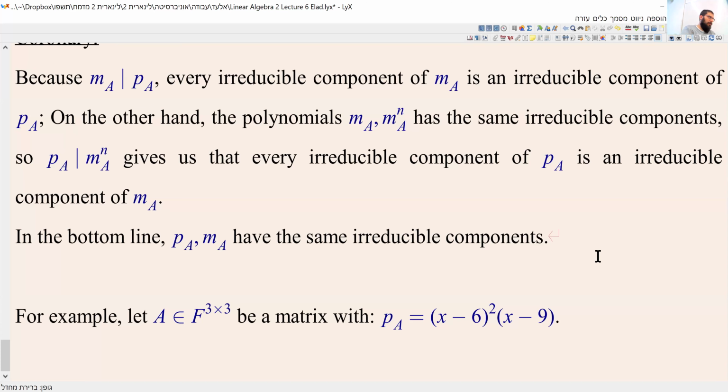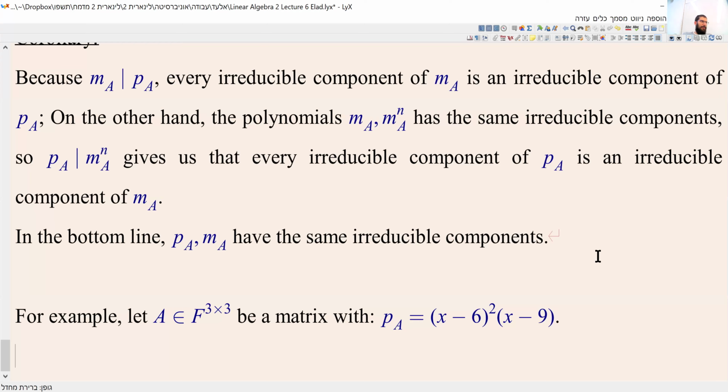By our last corollary, the same irreducible components of PA appear in MA. The only possible difference is in the power of every irreducible component.